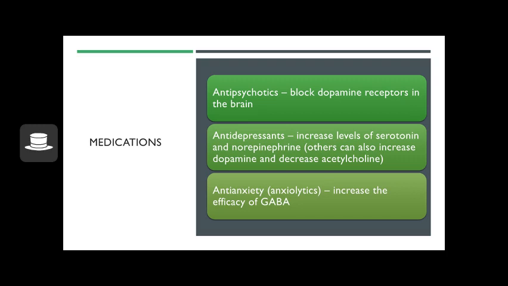You might use anticonvulsants, which are sometimes used to treat seizures. You might use what are called mood stabilizers, which help balance out the extremes of bipolar disorder. On the other side, on the depression side, you would see an antidepressant being used. So antidepressants can increase available levels of serotonin and norepinephrine, and others can also increase available amounts of dopamine and decrease acetylcholine in the brain.